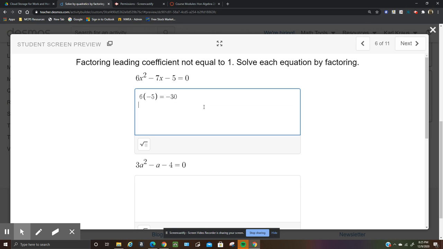And I want to find the factors of negative 30 that when I add them together, I get negative 7. So that would be negative 10 and 3.